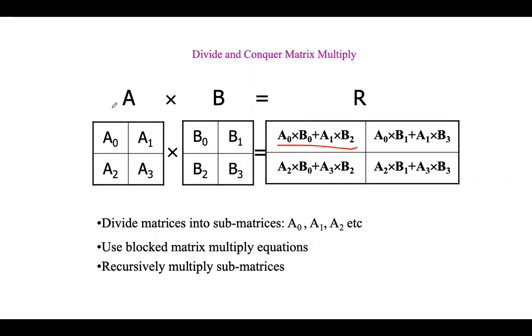I'm talking about matrix A. That matrix itself is divided into these 4 blocks, and matrix B is divided into these 4 blocks. And then recursively, we are going to do this multiplication. A0 into B0 is one matrix multiplication, plus A1 into B2 is another matrix multiplication. The main matrix itself, we are dividing it into smaller blocks, and then they are multiplied and their results are added. Recursively, this is done.